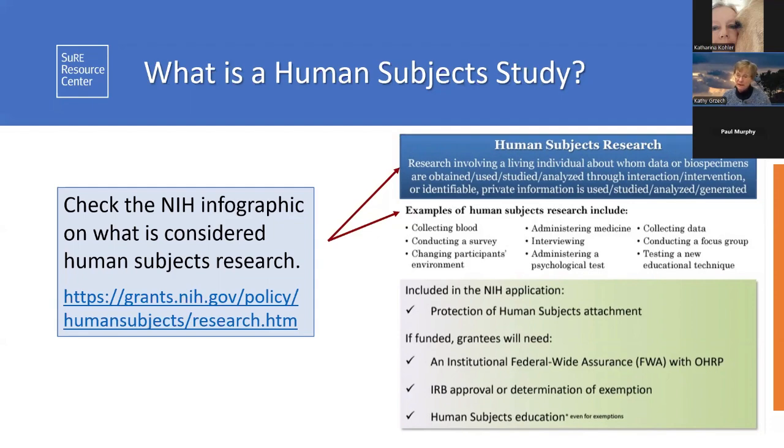But I also really strongly advise that you work with your Office of Research Integrity and your IRB on your own campus, because there will be specific policies and procedures in place for you as an investigator on that campus.